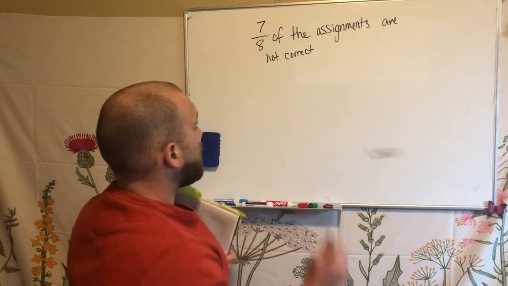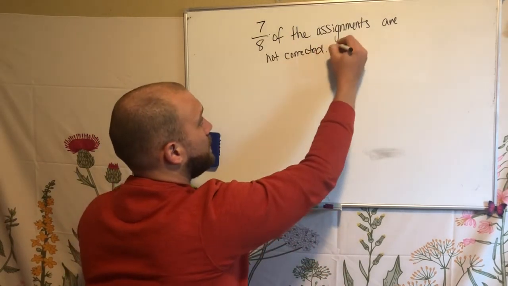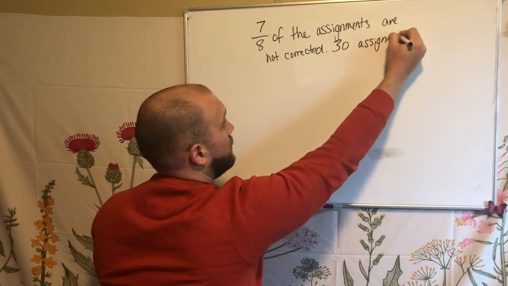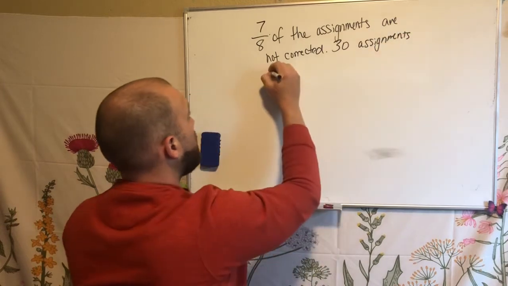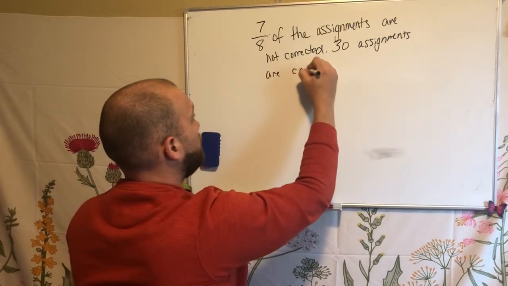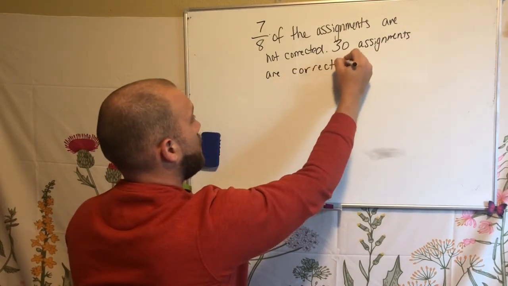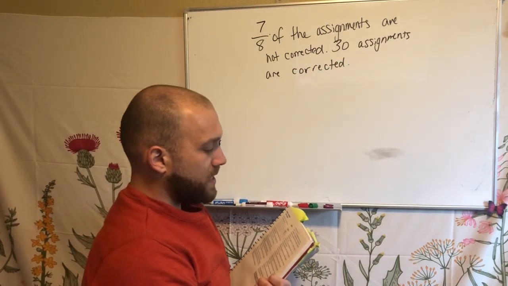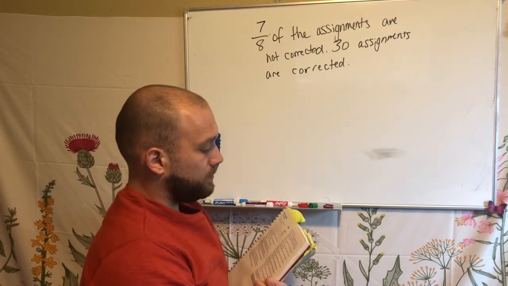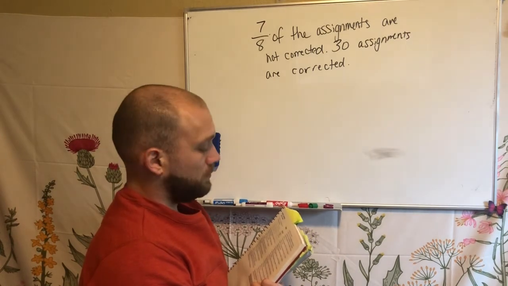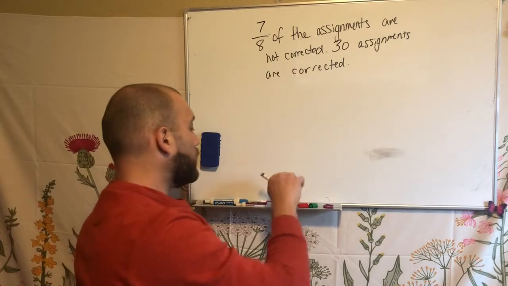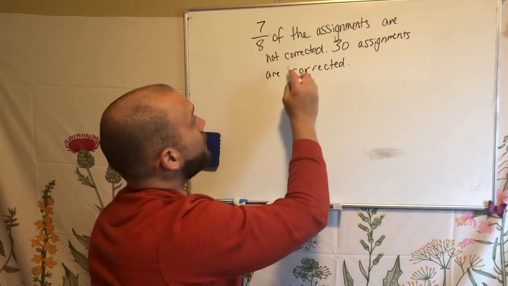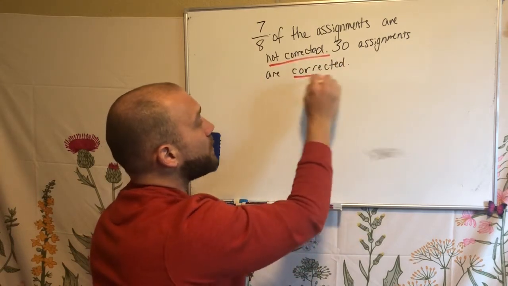30 assignments are corrected. 30 assignments are corrected. So, write the equation with 2 letters. So, what we're looking for is the name. So we have not corrected assignments and corrected assignments.